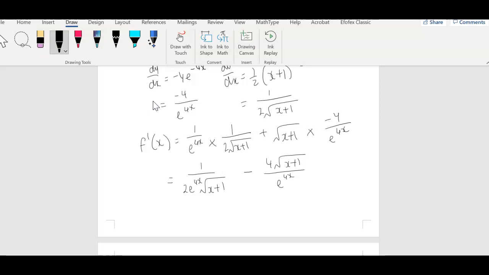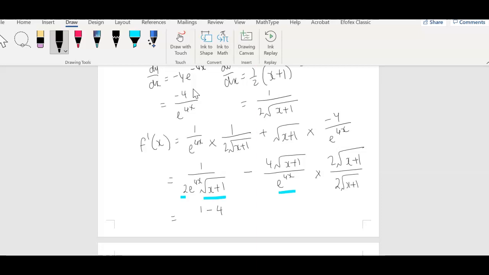If you needed to have the same denominator, then both denominators have e to the 4x, which is fine, but I need to multiply this one by 2 root x plus 1. So whatever I have on the denominator, I have to put on the numerator, so I'm still multiplying by 1. All right, so if I did that, I would end up with on the top 1 minus 4.